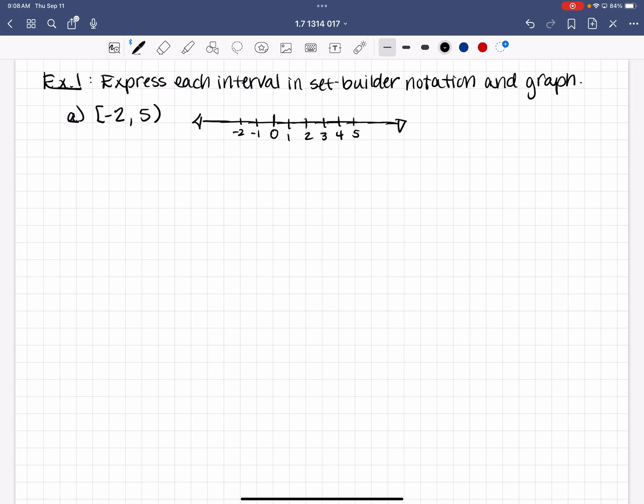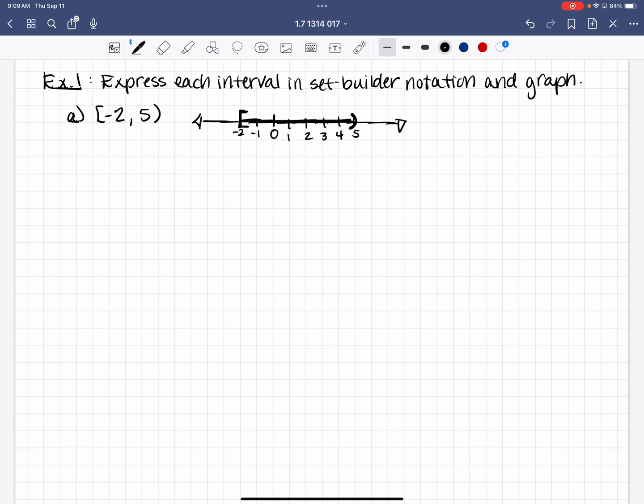I don't know when you guys start graphing on a basic number line, maybe 5th grade, 6th grade. So I just go to -2, and I make a bracket at -2 because it's actually equal to, and then at 5, I make my parentheses, and then I shade in between. That's the graph. You're talking about all the numbers from -2 up to 5.